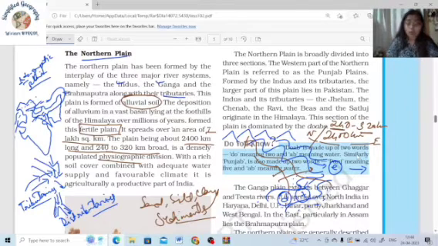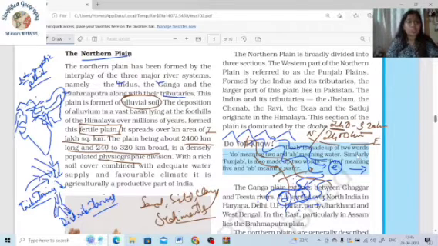Okay, there are modes of transportation. It gives us fertile soil so we can cultivate crops and have our basic needs fulfilled. All of these are the reasons for it being a densely populated physiographic division, and the connectivity is also very good.